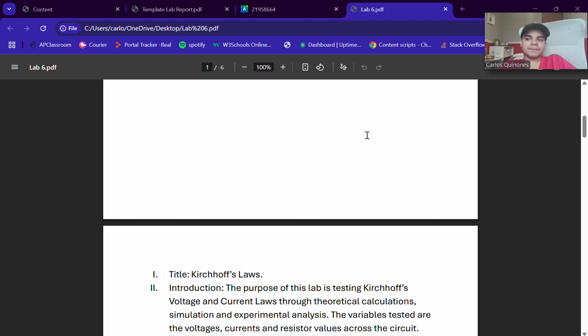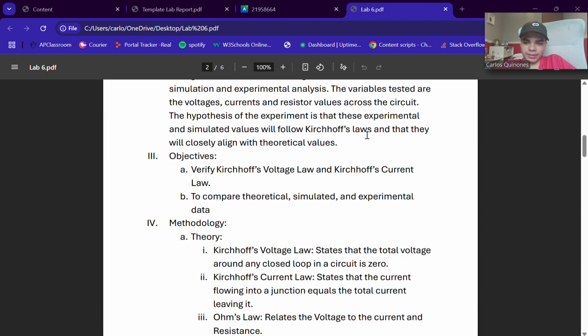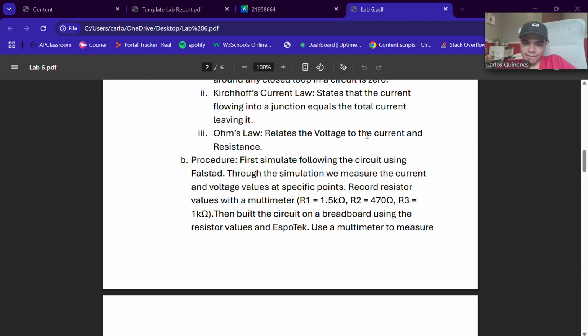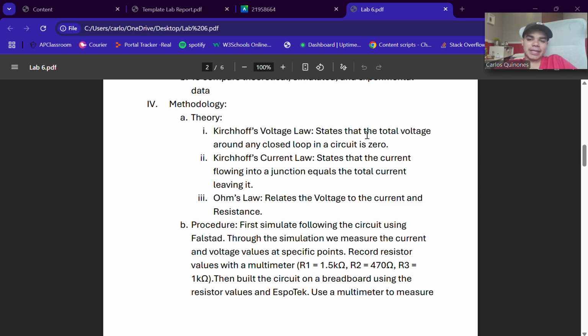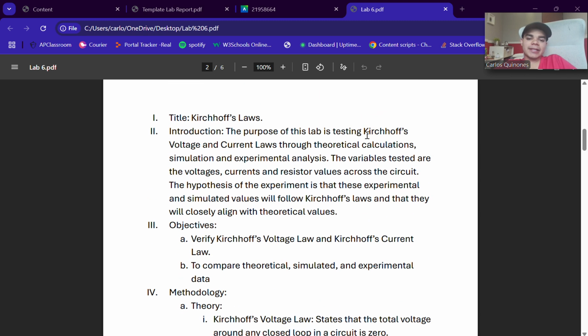These ways are experimentally, by creating the circuit on a breadboard and analyzing it through a multimeter, while simulating it with the Falstad application, and then theoretically through Kirchhoff's voltage law and current law.